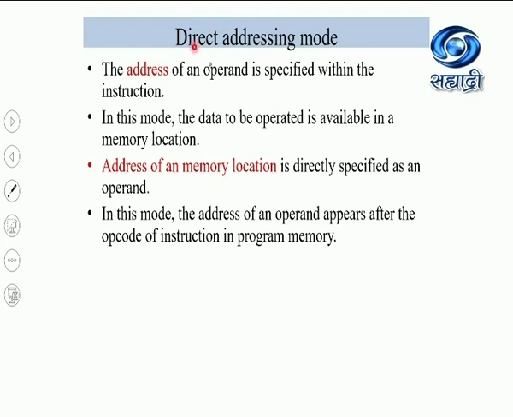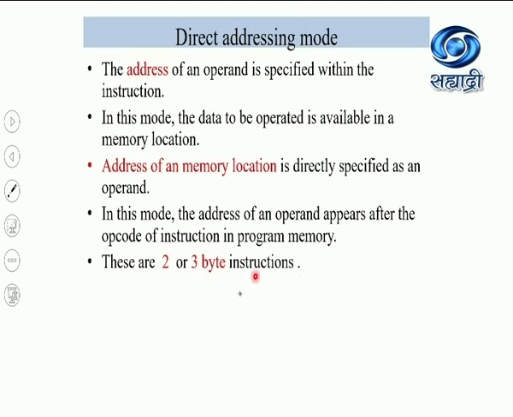So here in direct addressing mode, the address of data is directly specified in the instruction. Hence, the name of the addressing mode. So data is in memory, but the address of that memory location is directly specified in the instruction. That's why it is called direct addressing mode.